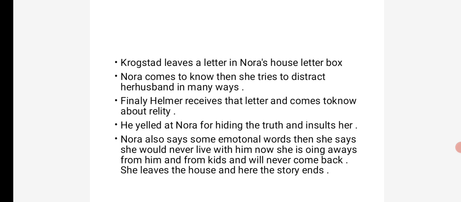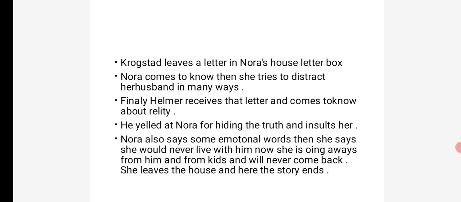So when Torvald Helmer reads the letter, he comes to know how Nora told a lie in the past, and the money she borrowed was not actually from Nora's father, but from Krogstad, who is already an ill-reputed person. So he becomes very angry at Nora.